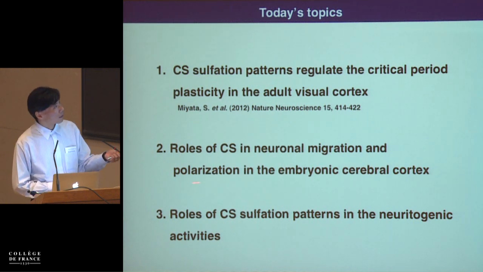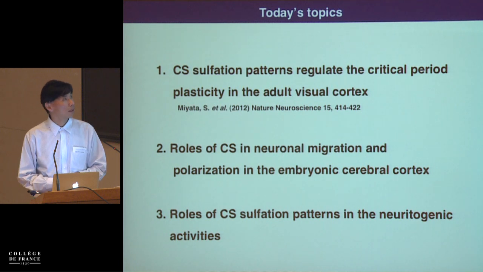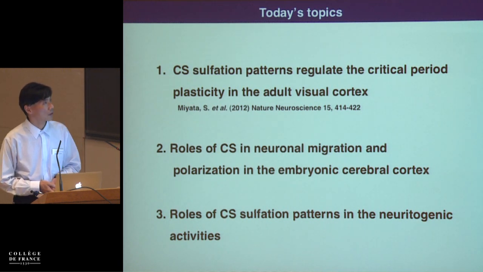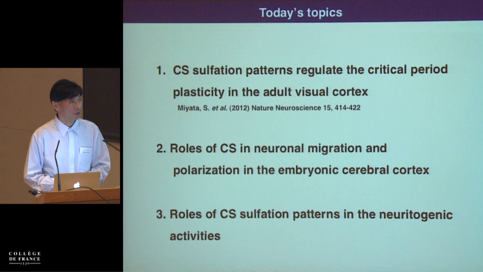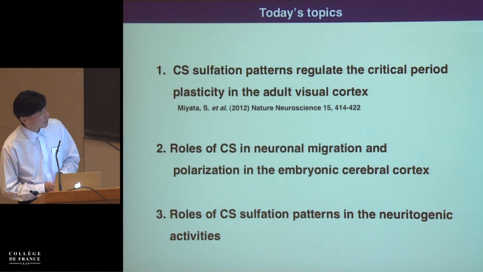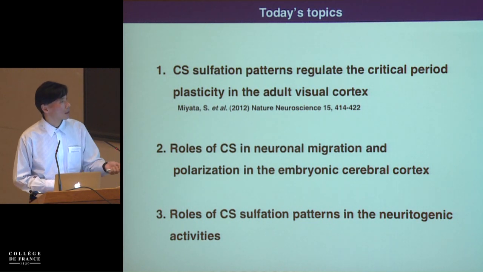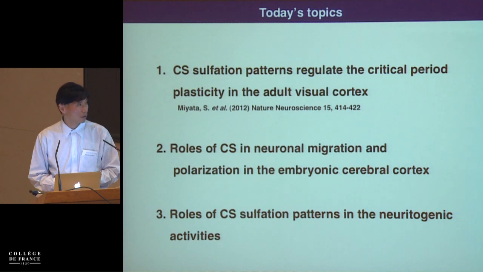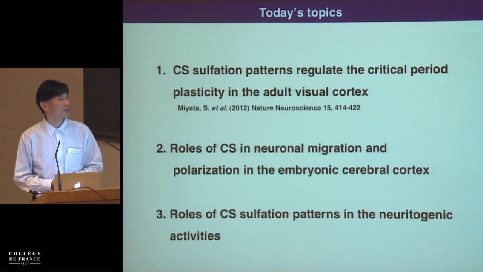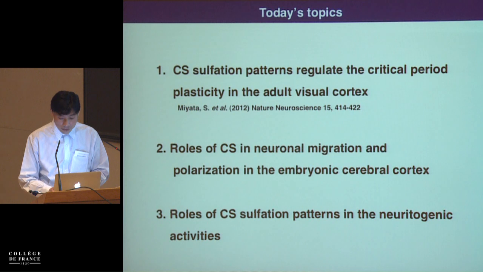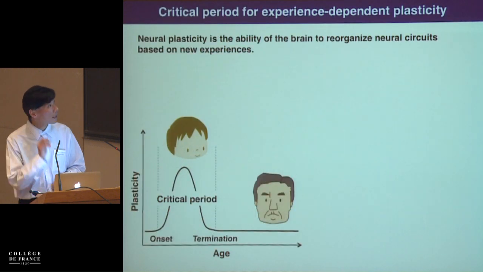The second is the potential role of chondroitin sulfate in neuronal migration and polarization in the embryonic cerebral cortex. The last is the role of the sulfation pattern in neurogenic activities. Let's start with the first topic.